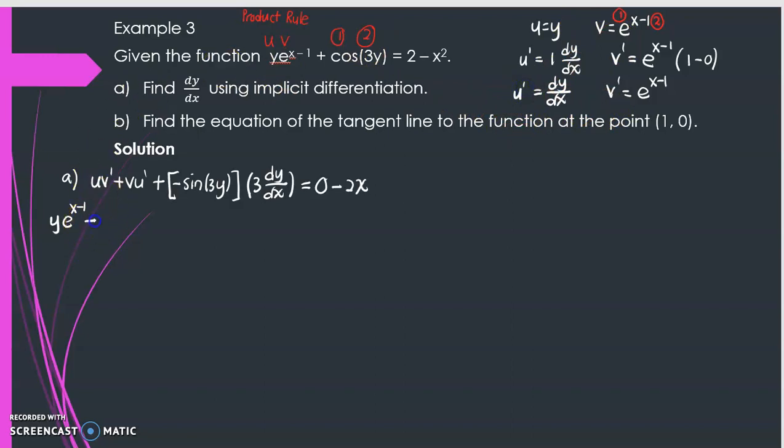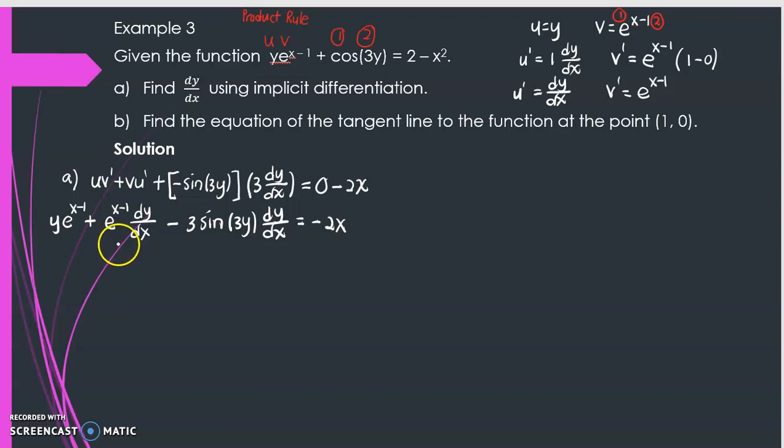Plus v is e to the power of x minus 1, u prime is dy/dx. So I try to rearrange here. Positive, negative will become negative 3 sin 3y dy/dx is equal to negative 2x.